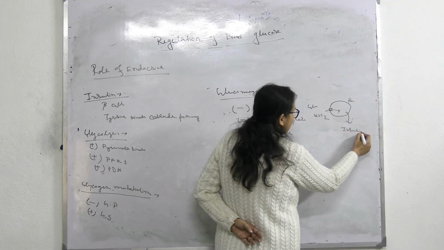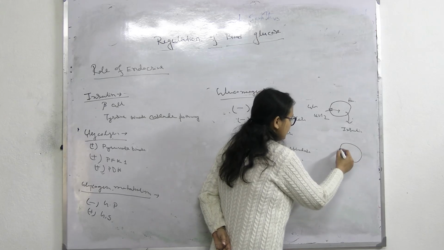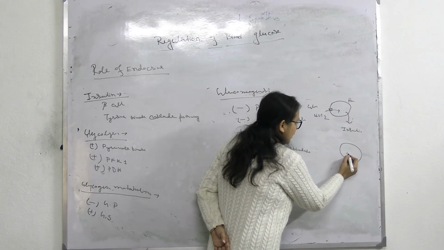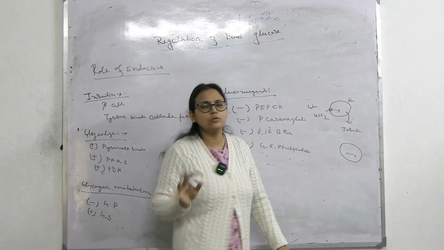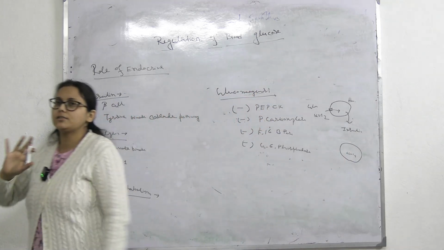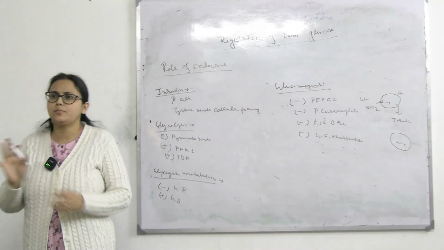In other extrahepatic cells, what happens? There will be synthesis of GLUT4. What is the chemical nature of any type of receptor?